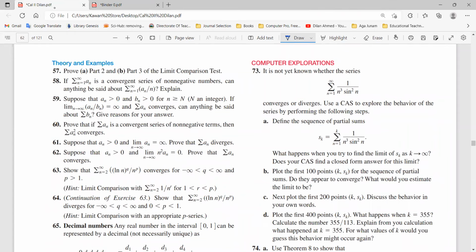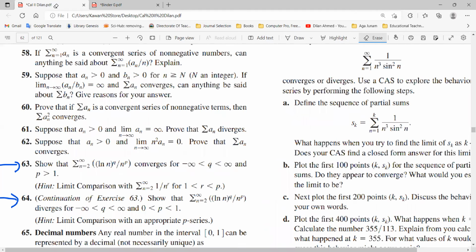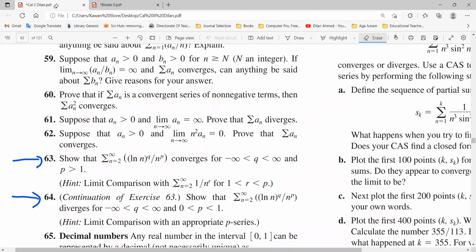Here's. Okay. Just let me see. No, sorry, not that one. 63 and 62. And read it. Just read that one.